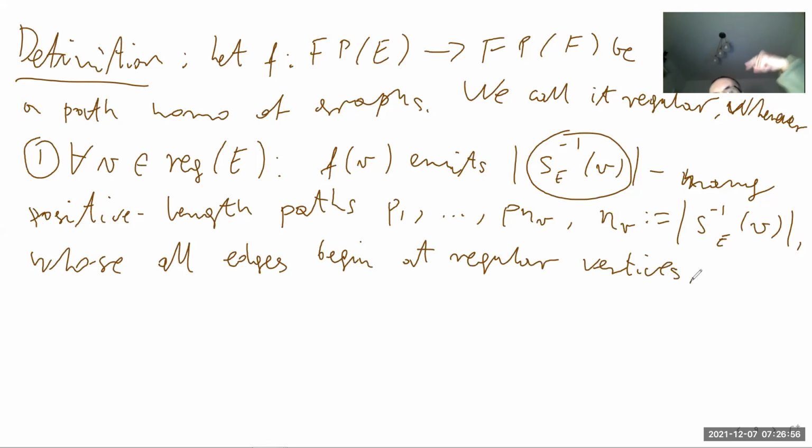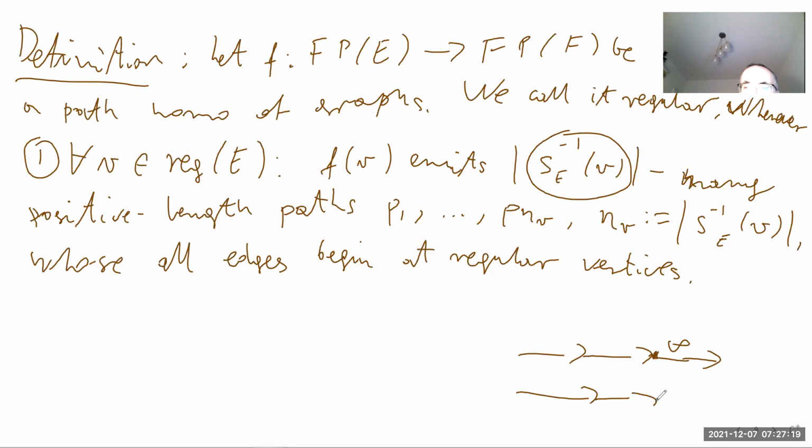So I don't care if the endpoint of my path is regular or not. That's quite all right. I can easily imagine that I have such a path, and here I have, say, an infinite emitter. It cannot be a sink because, well, actually, it can be a sink. Yes, this situation is all right, and also this situation is all right, but it's a sink.